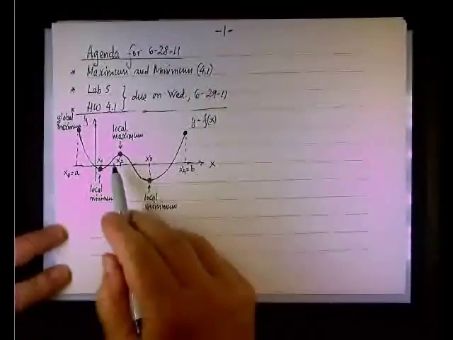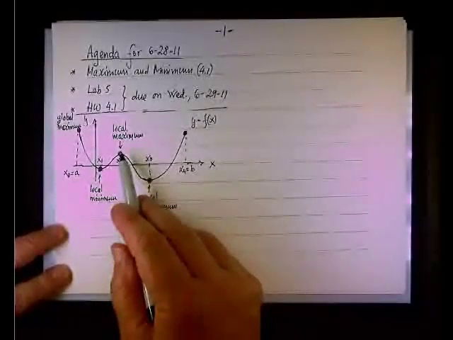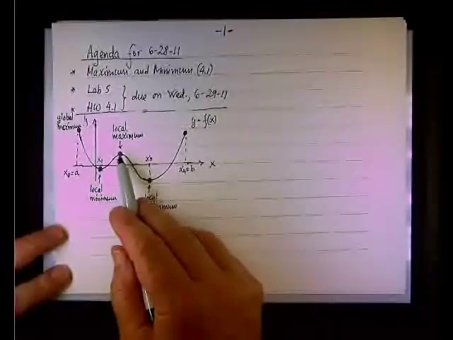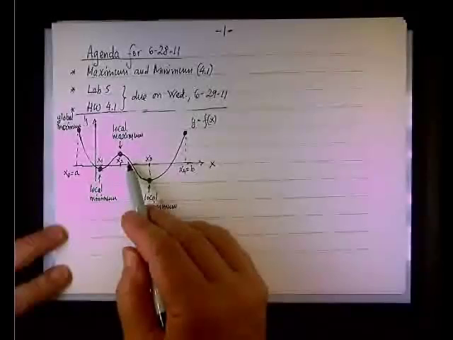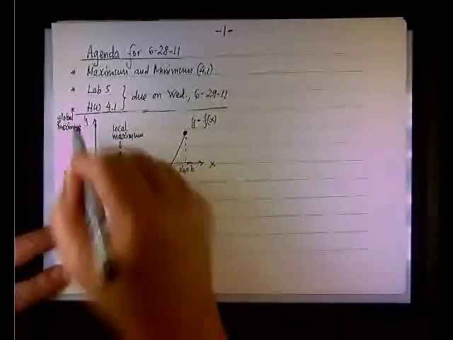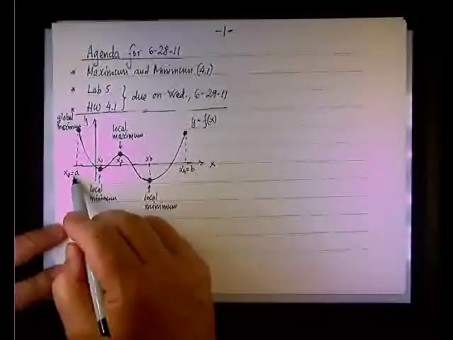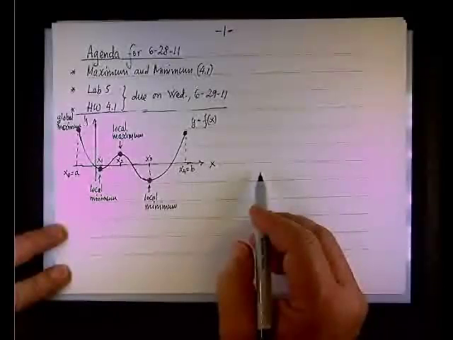We can see that x sub 2 is a local or relative maximum because it's relative to this neighborhood of x sub 2, but the highest peak, the highest value of y, corresponds to x sub 0 equals a. Therefore, this is a global maximum.